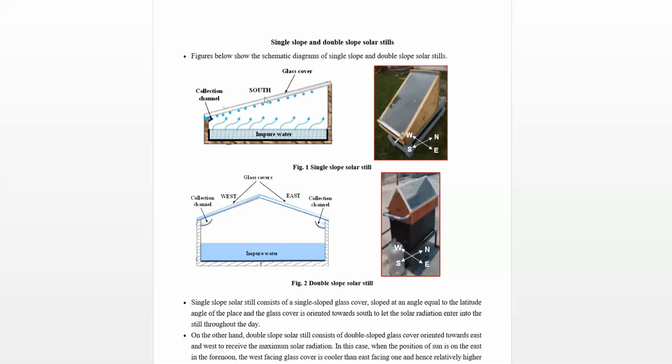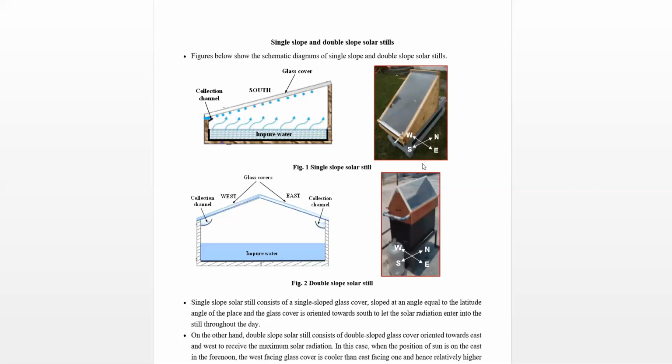If the glass cover temperature is also high, then condensation will not take place as fast as it should. So in the morning, since the west oriented glass cover has lower temperature, relatively higher distillate or condensate is formed on the west facing surface in the forenoon.